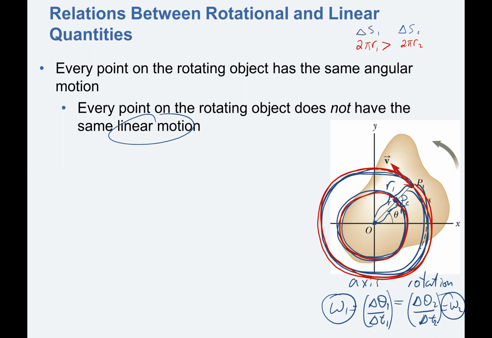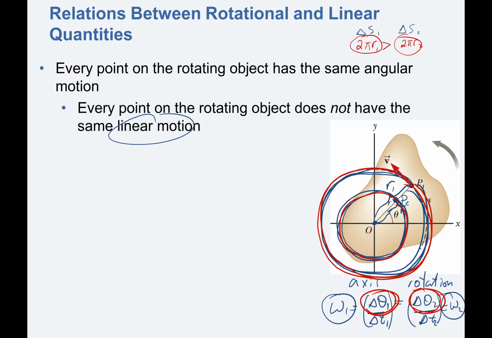Delta theta 1 was the same as delta theta 2 because both undergo the same 2 pi radian displacement. But linear displacement is not the same for point 1 and point 2, because they have different circumferences. Point 1 is further away from the axis of rotation, so it has to cover a much bigger distance. It has a much greater circumference.